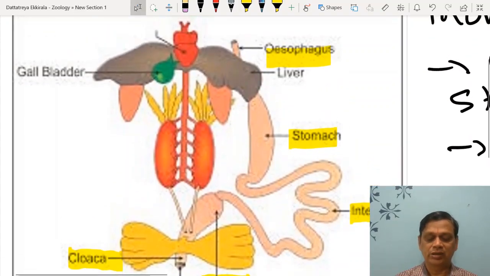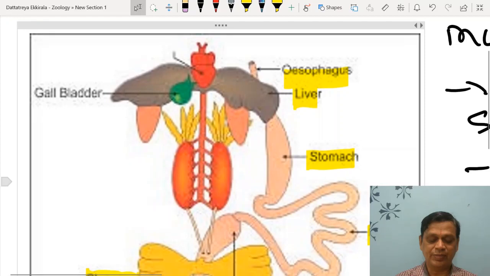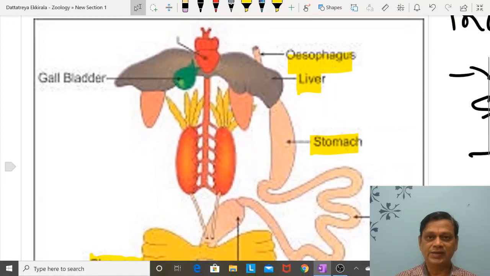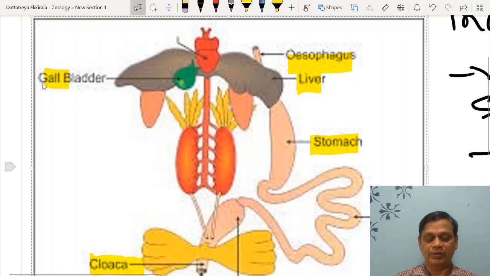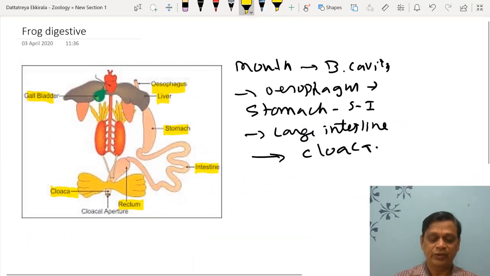And there are 2 important digestive glands. One is liver, the other one is pancreas. Liver is the largest gland, and the gallbladder will be temporarily storing the bile juice. These are all various visceral organs. Teeth will be present, but teeth are present on upper jaw.